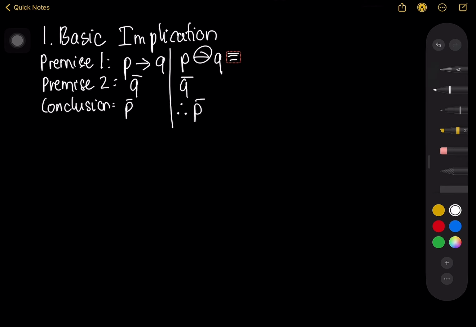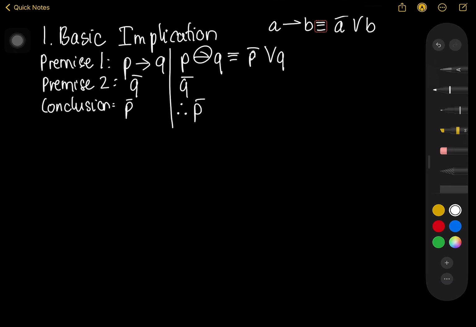So we have not P or Q, because we have a rule that if A then B is logically equivalent to not A or B. You can draw a truth table for that, but since this is a rule, I'm not going to talk about it in this video.